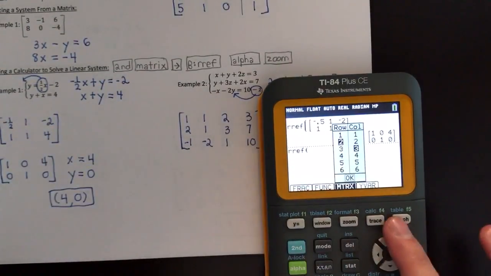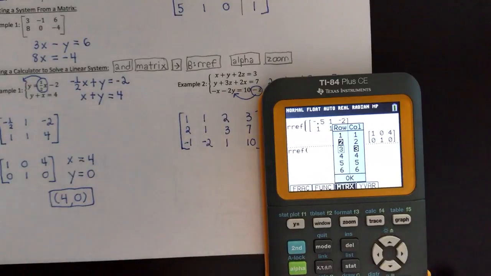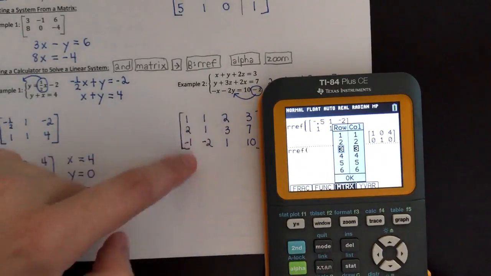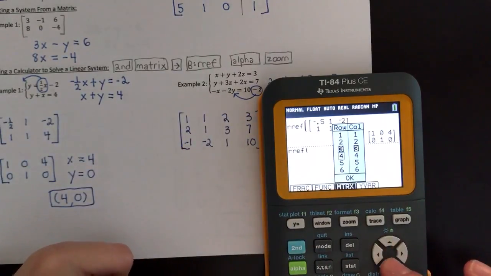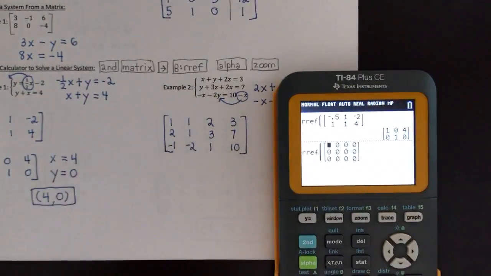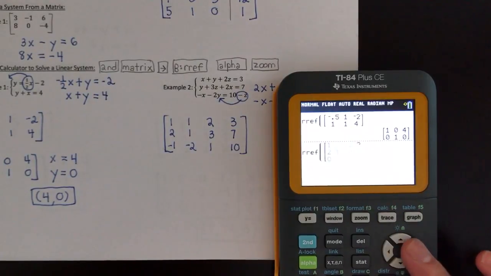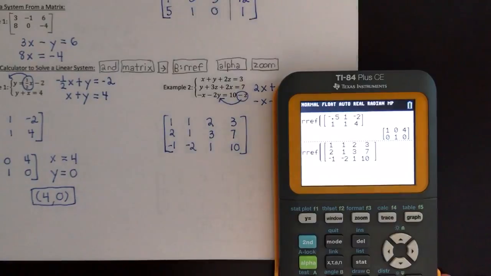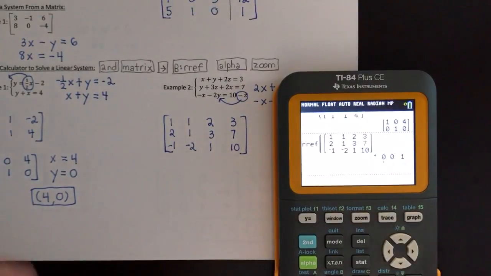Alpha zoom. This is a 3 rows by 4 column, hit enter, and then start typing away. 1, 1, 2, 3, 2, 1, 3, 7, -1, -2, 1, 10. Yeah, that looks great.